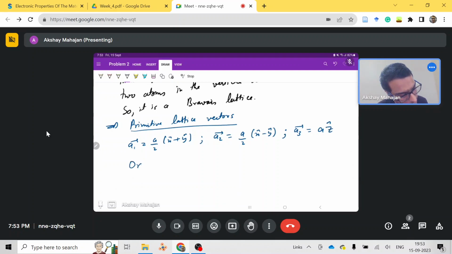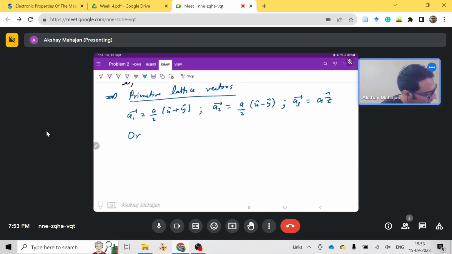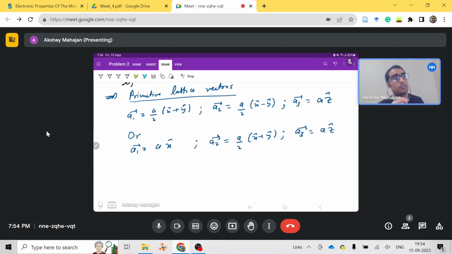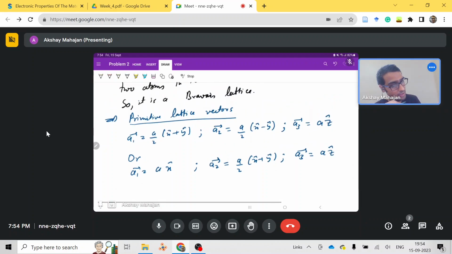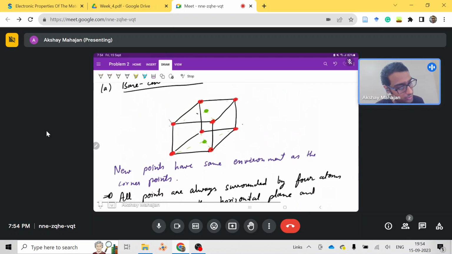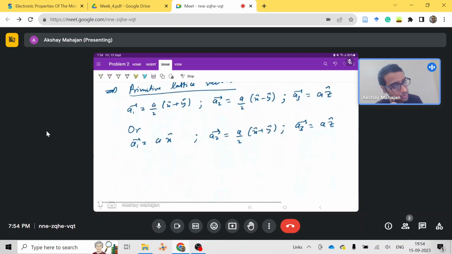Or they could be defined as a1 vector equals a times x cap, a2 vector equals a by 2 times x cap plus y cap, and a3 vector equals a times z cap. Alright, and this you can check, for basically how they are primitive lattice vectors.